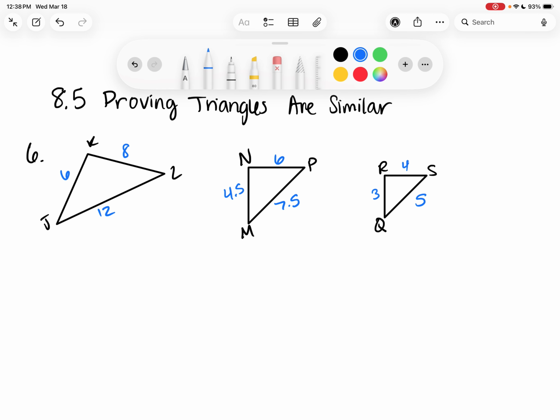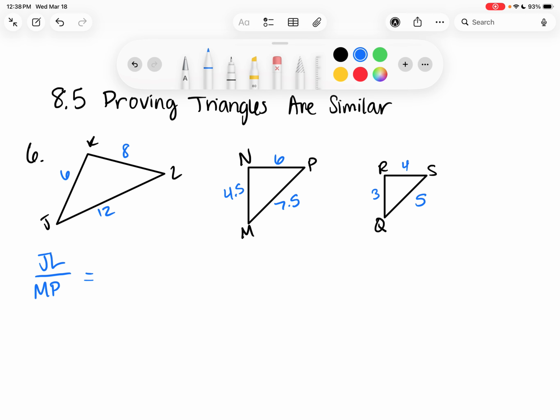So let's try the first 2, and we'll compare these ones. I'm going to write it out in letters first for this one, and the ones after that we'll probably just do the numbers. I'm going to start with JL over MP.